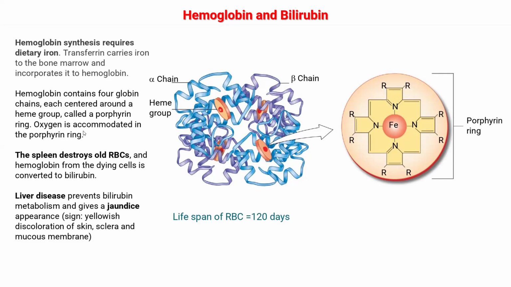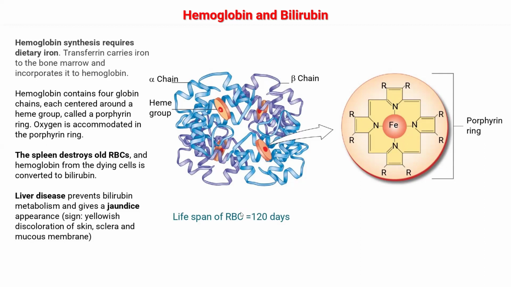Oxygen is accommodated in the porphyrin ring. This is a porphyrin ring. This is iron in here, and we have globin around, 4 chains of globin.